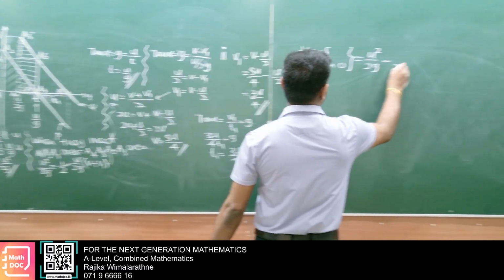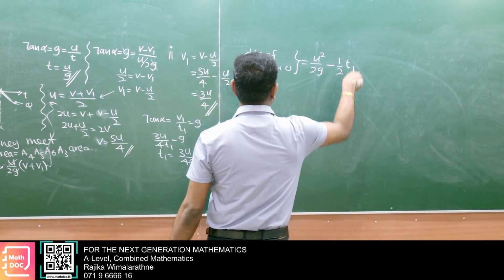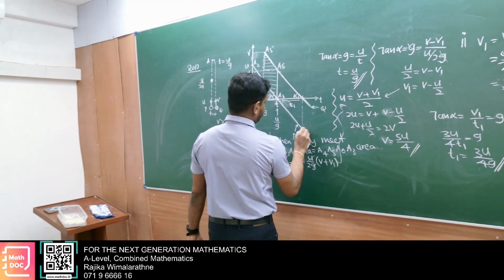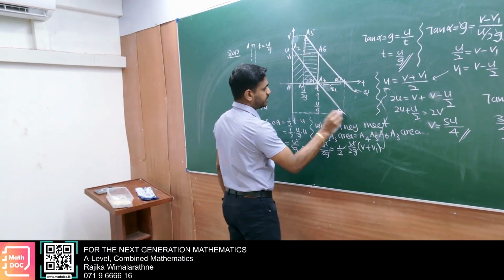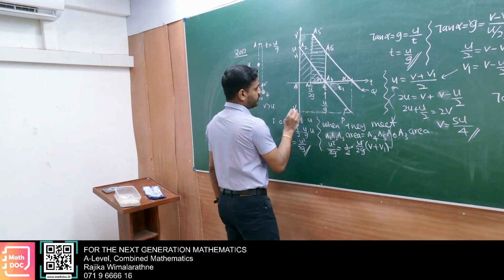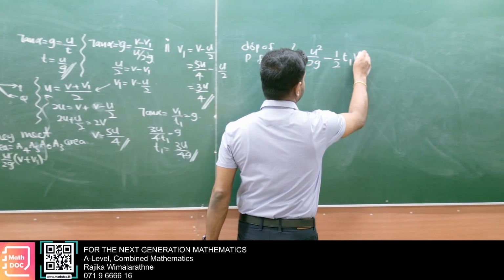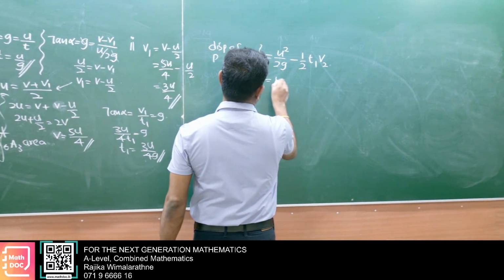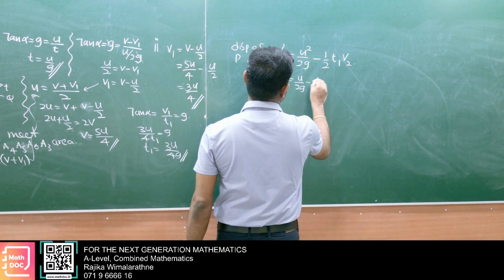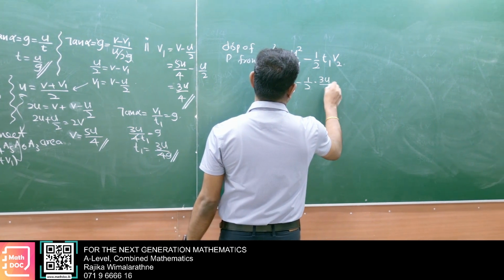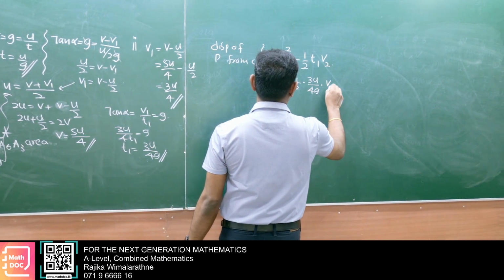Half into T1 into corresponding velocity V2, then half into T1 into V2, then U squared over 2G minus 1 over 2 T1, 3U over 4G into V2.